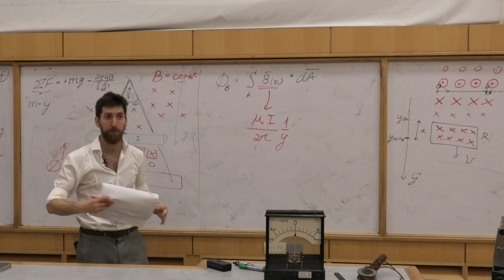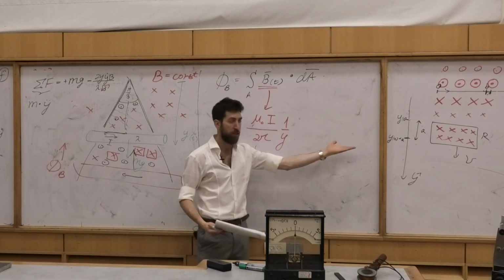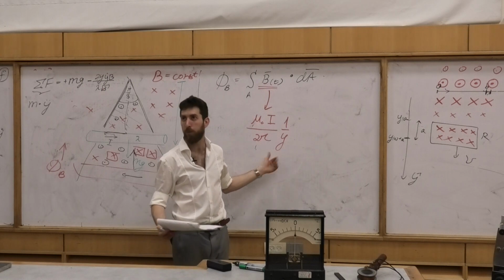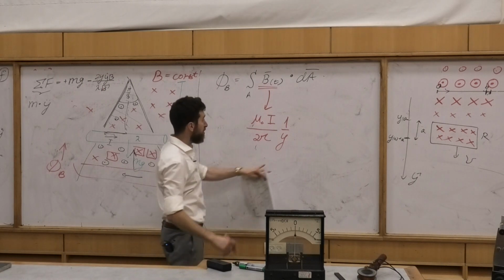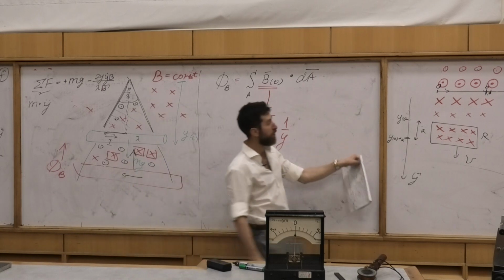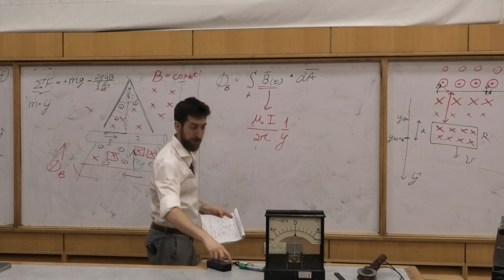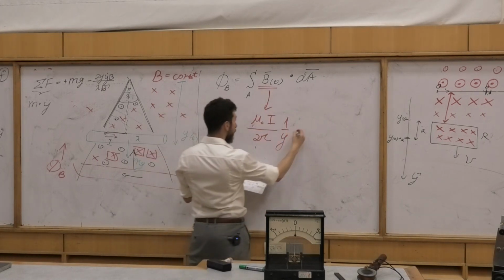If the wire is 100 times longer than the drone, it's a really good approximation. Note that I didn't put 1 over r. I put 1 over y because this is the distance from the wire. Good. What is dA?